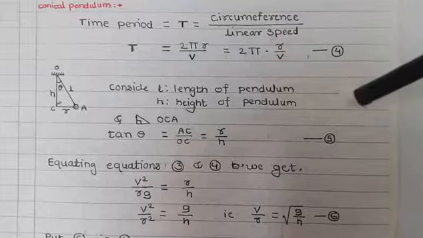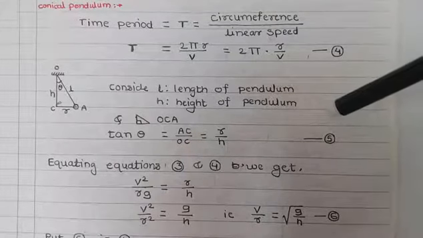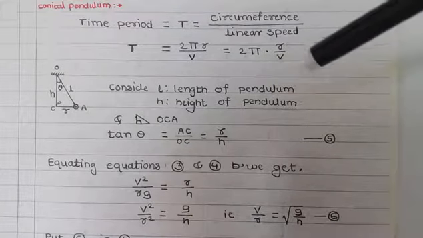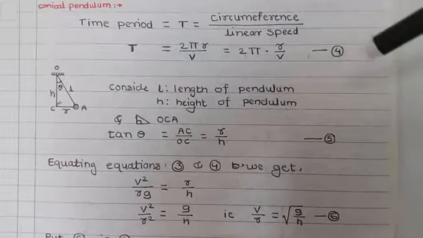Again we know the previous equation of tan theta in the conical pendulum, tan theta is equal to v square upon rg.